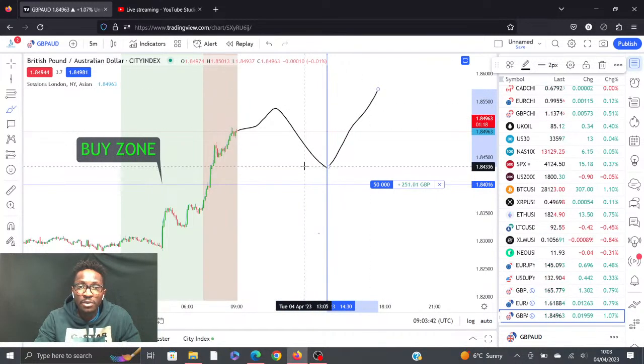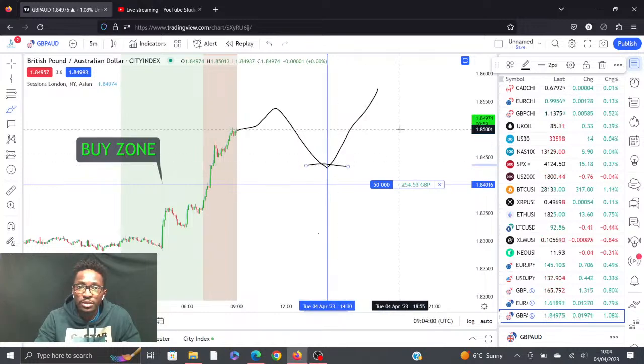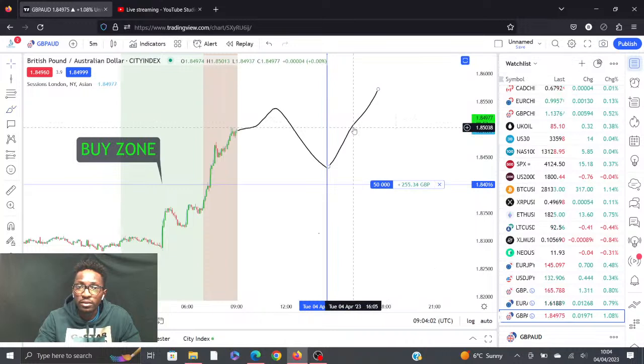But in this case, I'm just gonna be opening the same position size as the previous position. In the first scenario, I'll be opening double the position size. Here I'm gonna open the same position size if the retracement happens just before New York session opening.